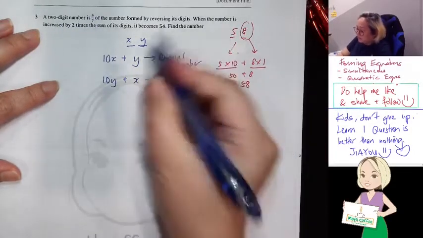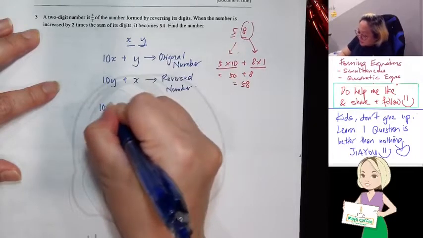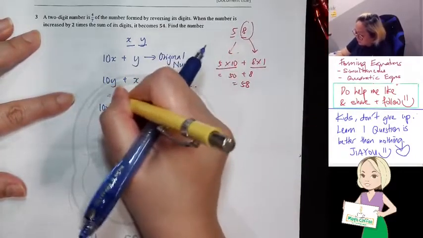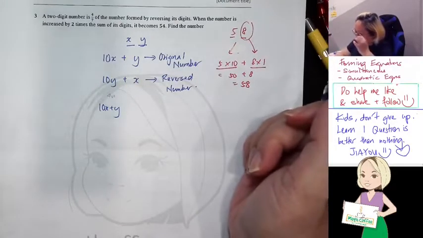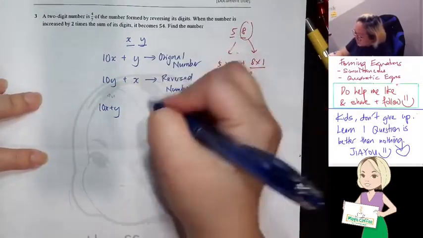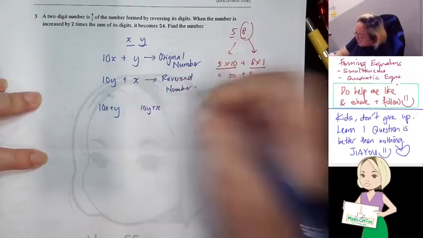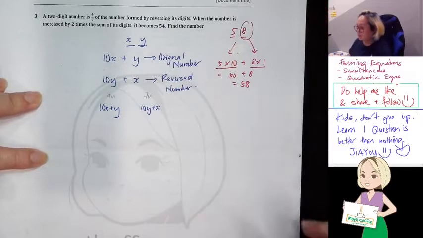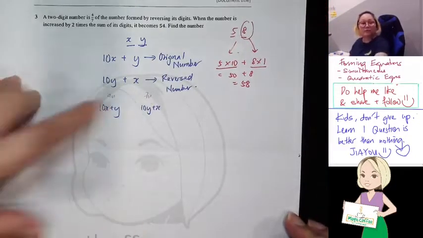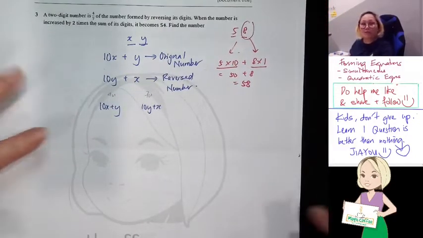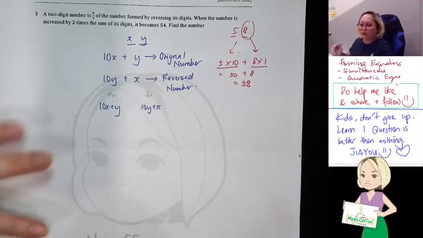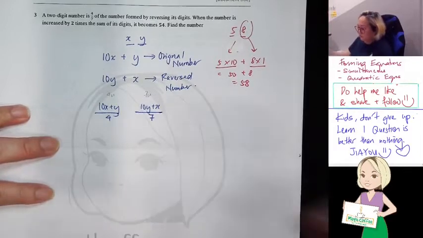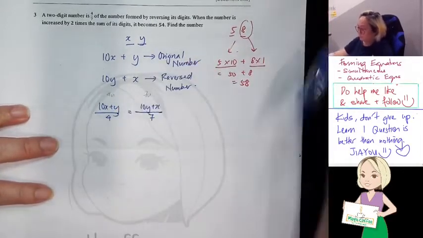It means my original number, 10x plus y, is 4 units, and my 10y plus x is 7 units. You see, 4 units and 7 units. I want to change them to 1 unit each, so divide by 4, divide by 7, then put equal.